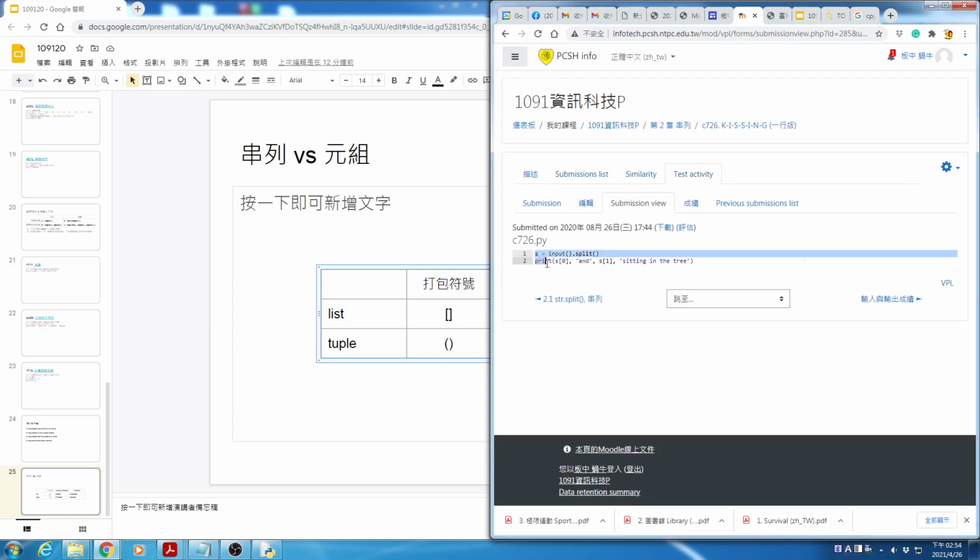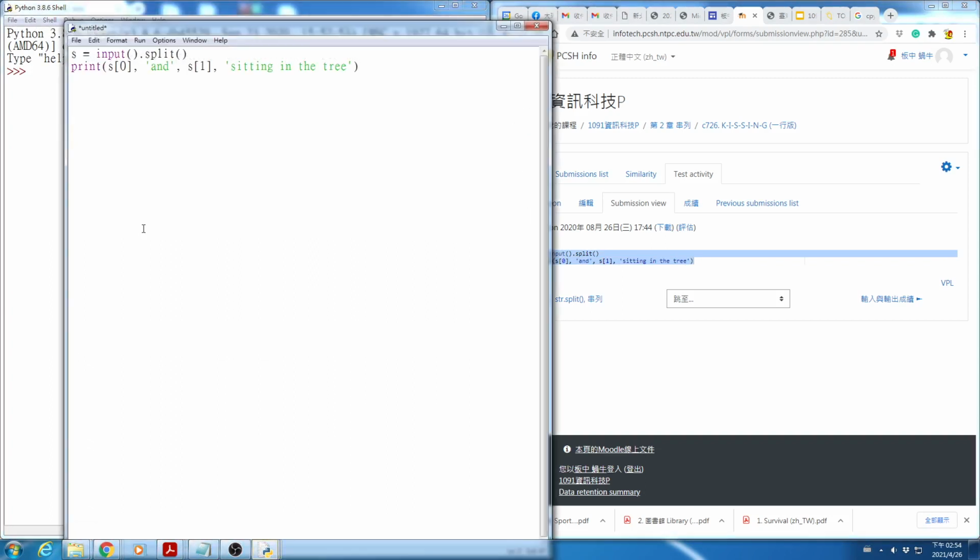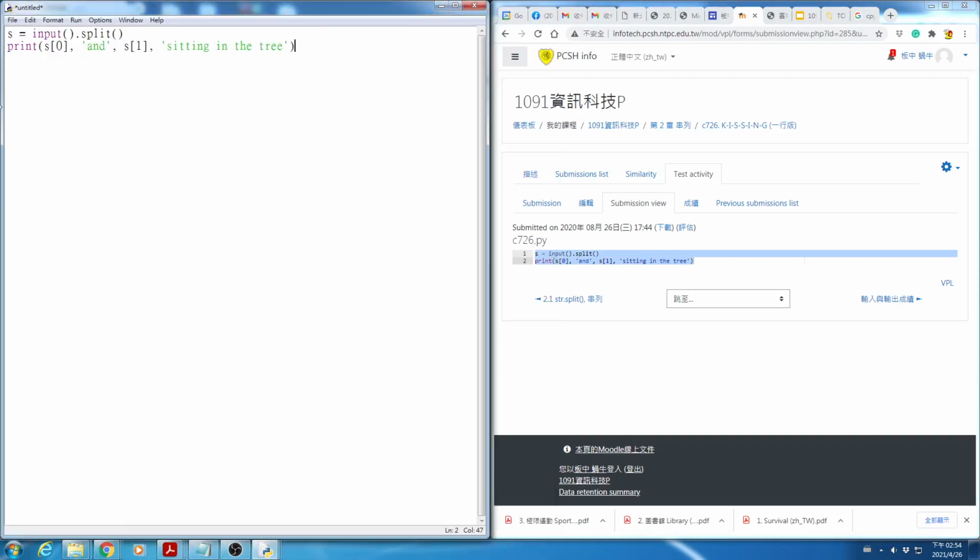And this one is a one-line version, which means the two names are given in one single line. Do you remember this? And do you remember how we solved this? Yes. Let me see if we have the answer to this. This is the answer that we had before to solve this problem. We have this S, and this variable S is taking the two strings given by the split function.